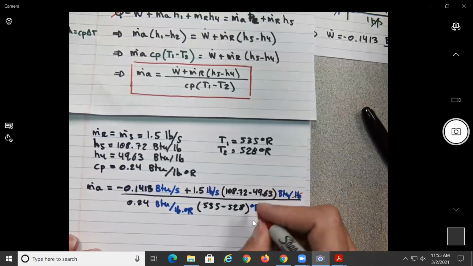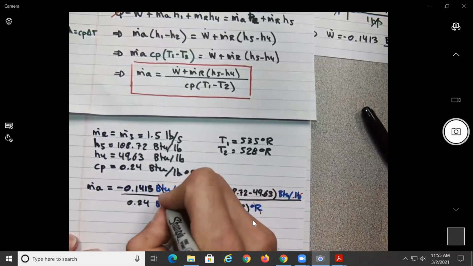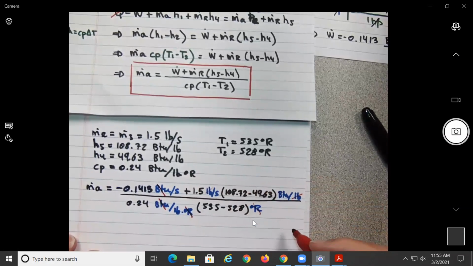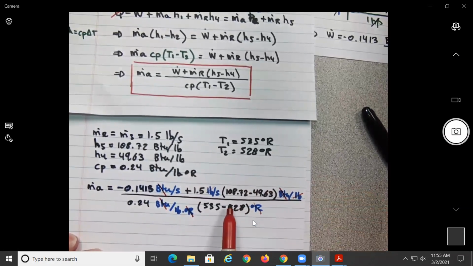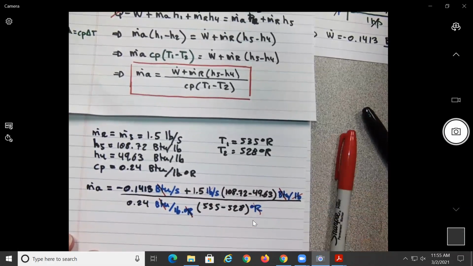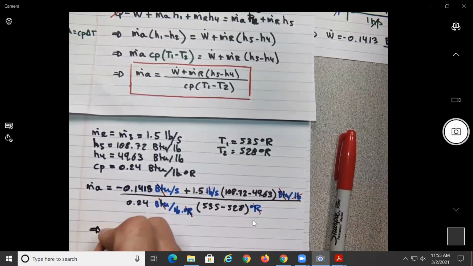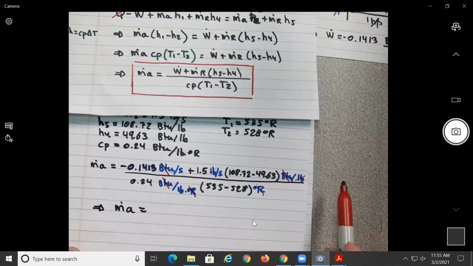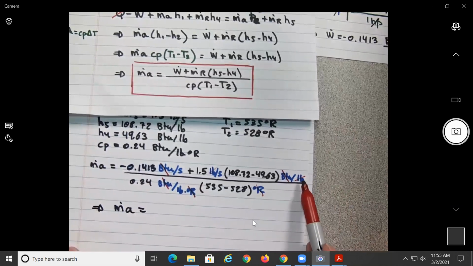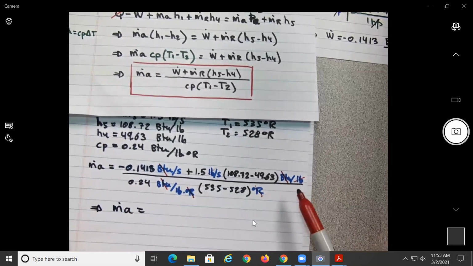So you see the Rankines will cancel out, the BTUs will cancel out, and we are left with pounds per second.